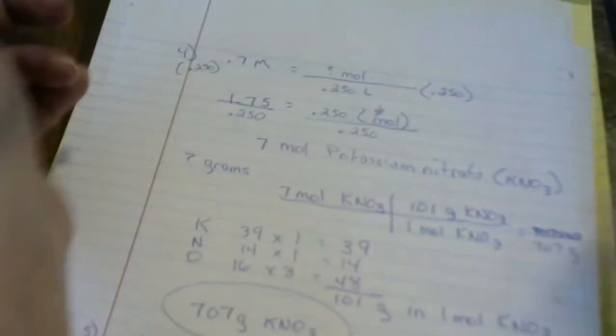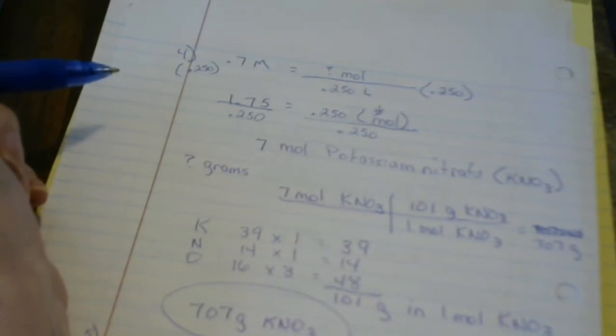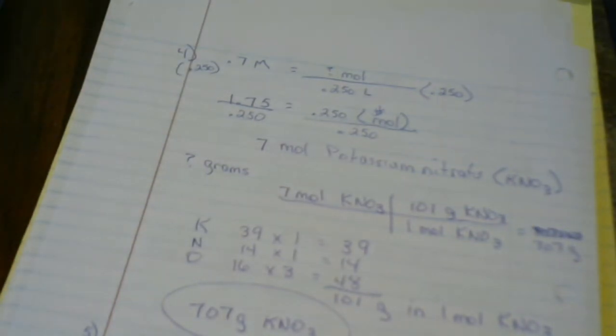Okay, the question for number 4 is how many grams of potassium nitrate are required to prepare 0.250 liters of a 0.7 molar solution of potassium nitrate. Okay, so this one's a little long, so just stay with me.